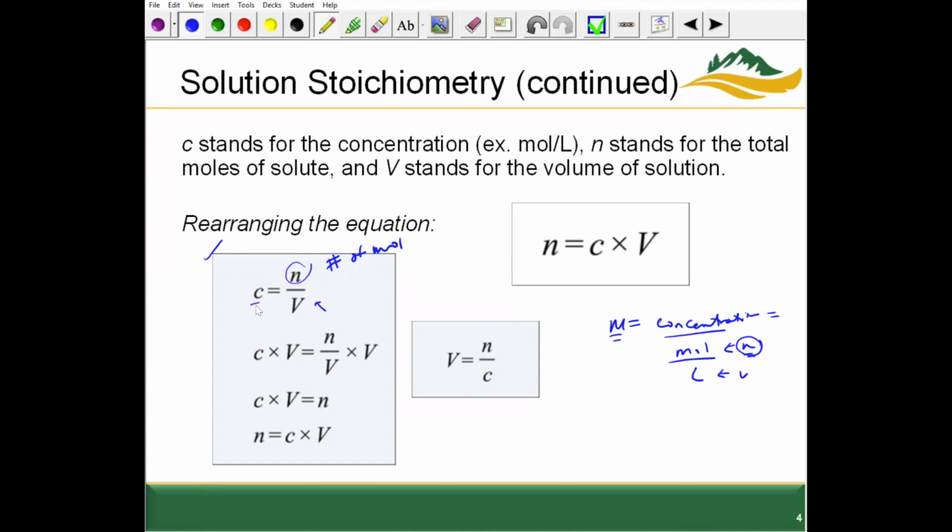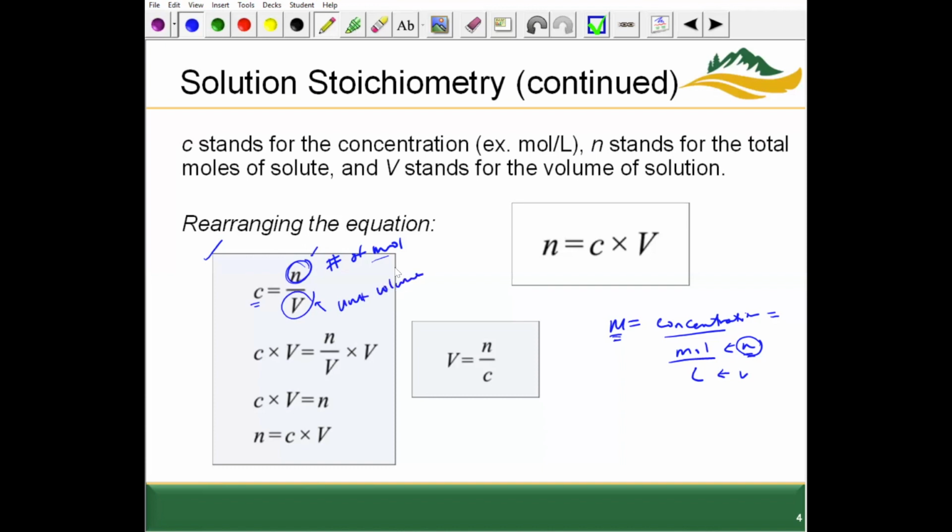For a concentration, just generally concentration C, it doesn't necessarily specify that it's in moles per liter. Molarity is always in moles per liter. Concentration, though, could be presented in millimoles per milliliter or micromoles per deciliter. So concentration is number of moles per unit volume.